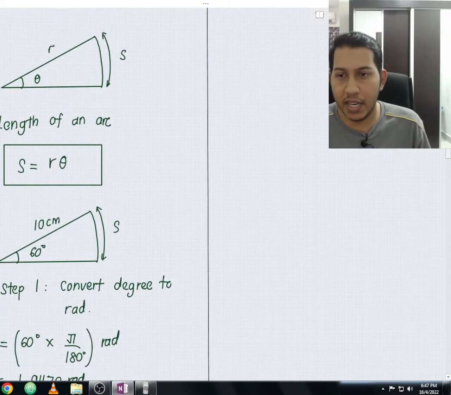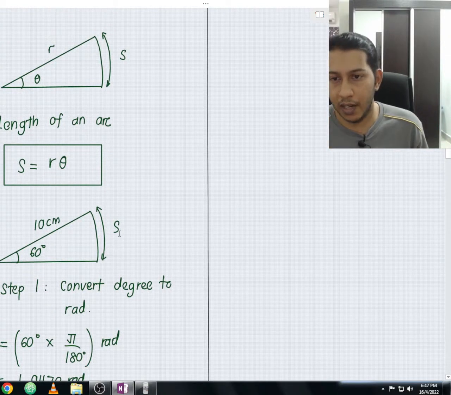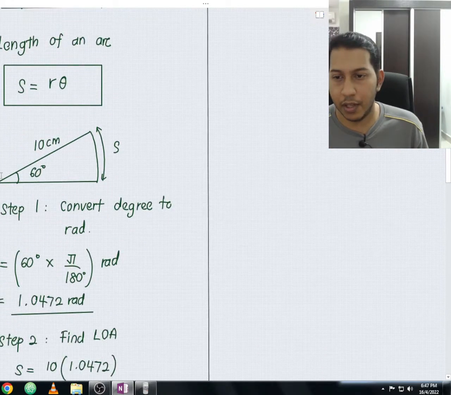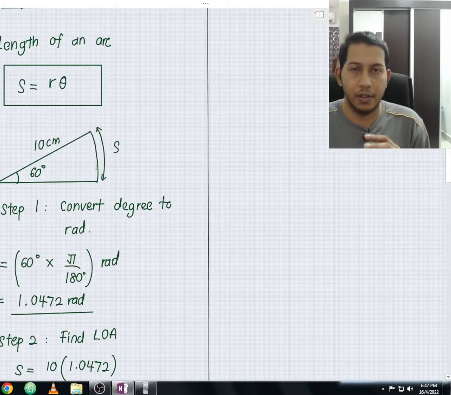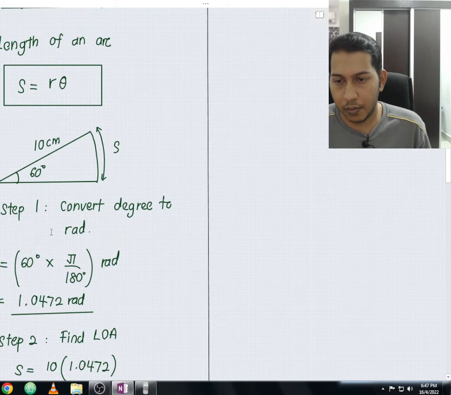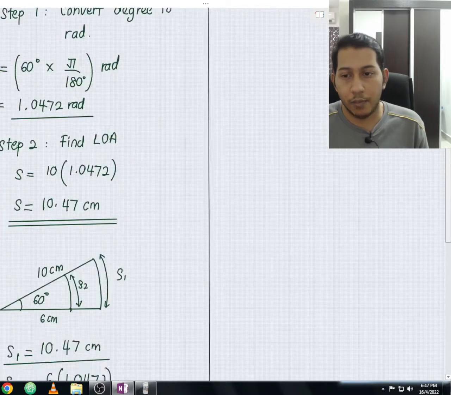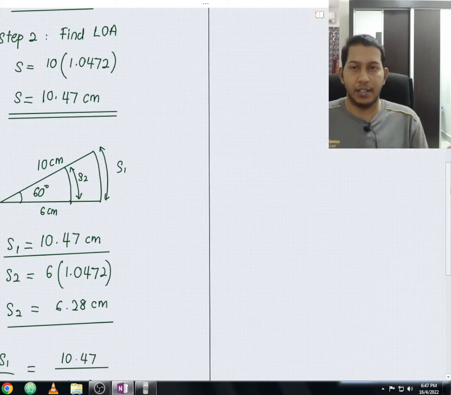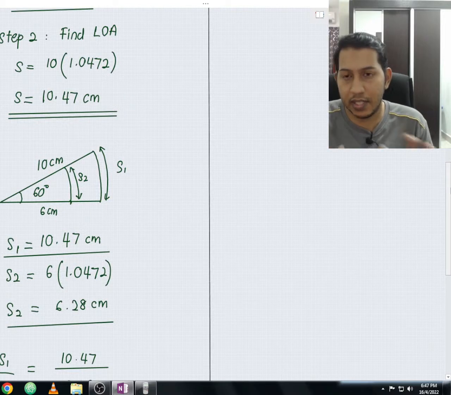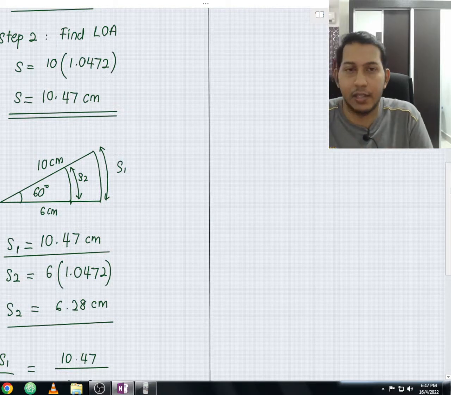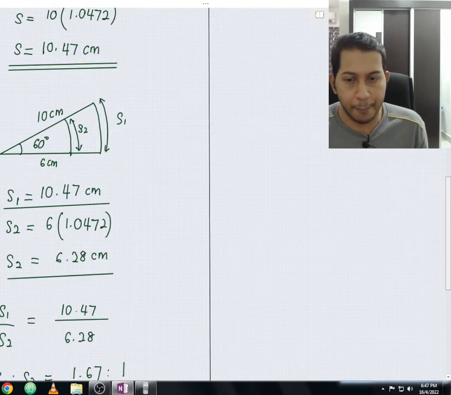In the beginning I've explained the formula, and then I've briefly gone through some of the examples: how to convert to the radian, and what are the possible questions that might be asked during the examination. These are some of the possible questions they can ask. They can ask even more difficult than this, I'm just giving you some overview.